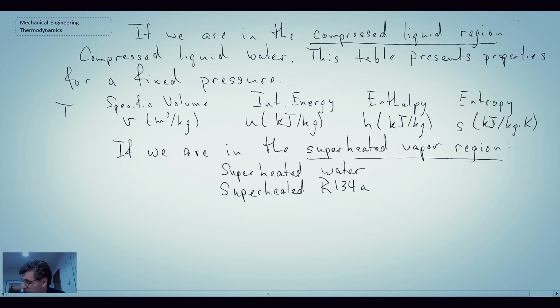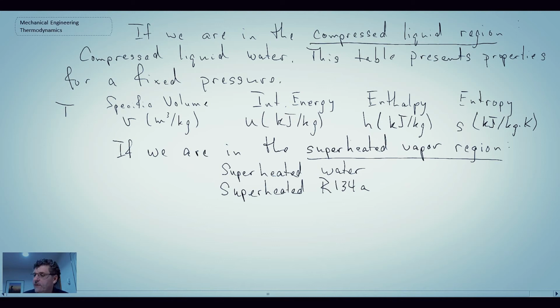And here, the way that the data is presented, if you're looking now in your superheated vapor, so here they call it superheated water, and what you'll find, again, you'll have them presented at different pressures, and for each pressure, you'll start at the saturation temperature, so the point where you go through the phase change process, and then temperature will go up from that point.